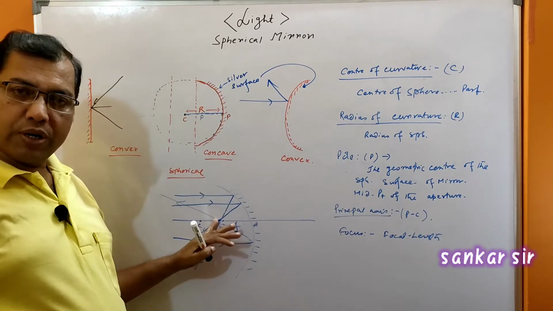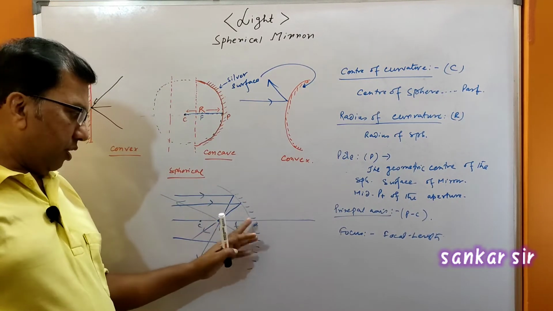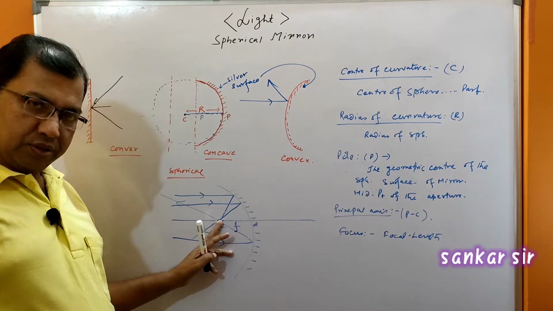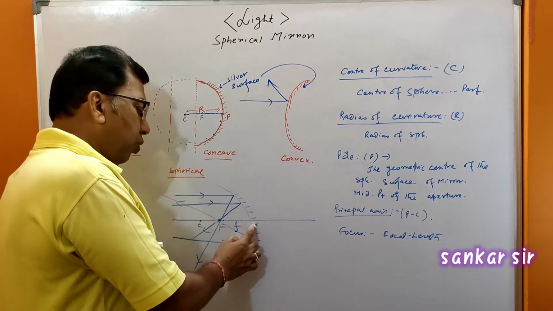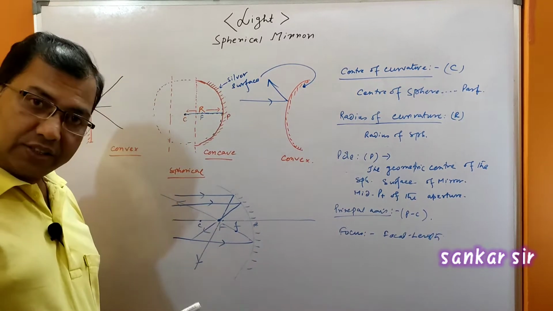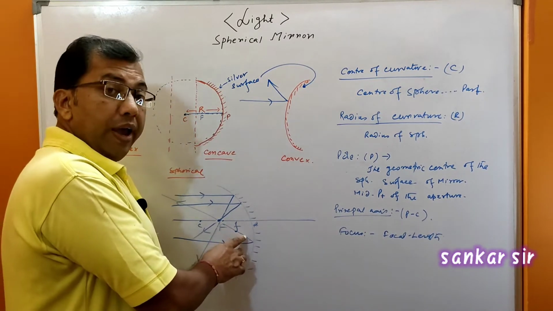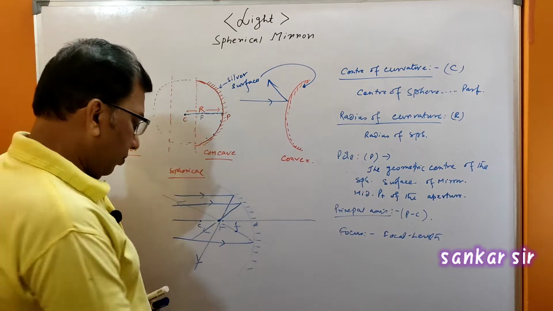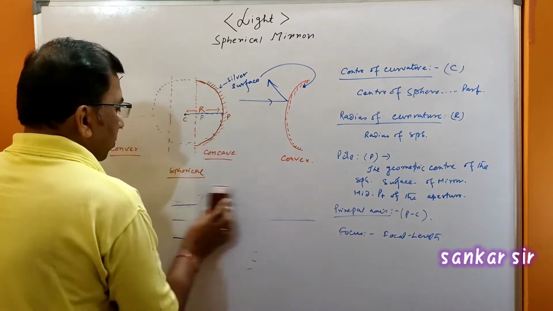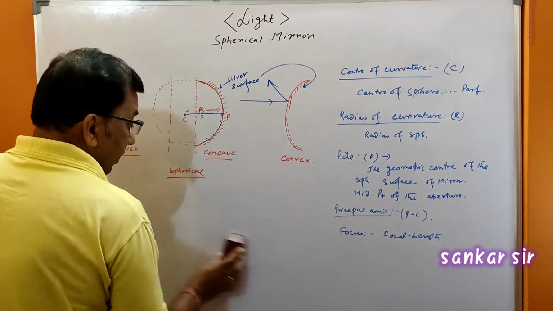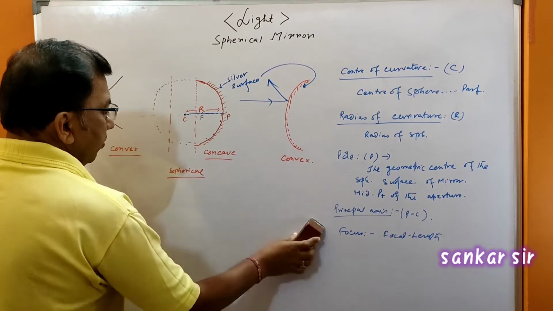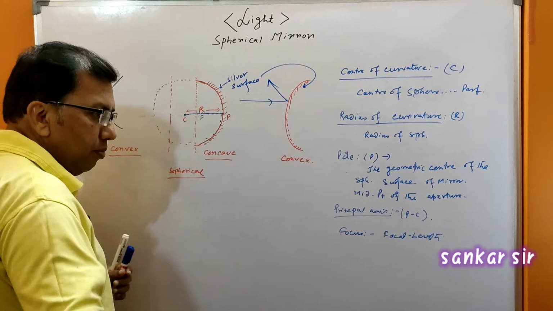That point is known as the focal point. This is the first focal point. Clear? So the distance between the focal point and the pole is known as the focal length, denoted as F. Clear? Now, the reasons why this parallel ray comes and meets, I will discuss a little bit later.